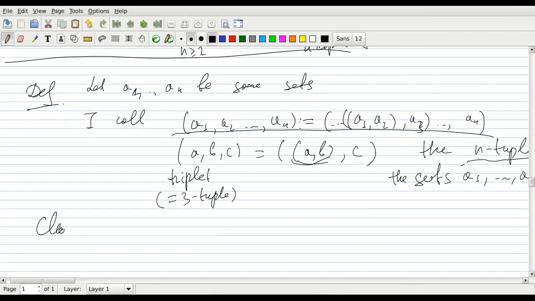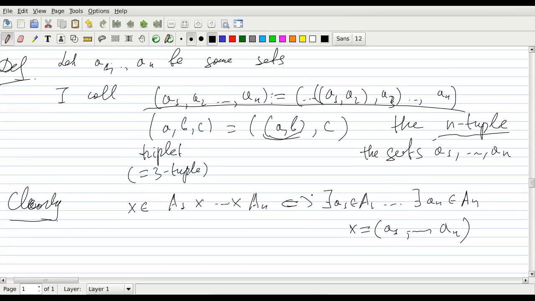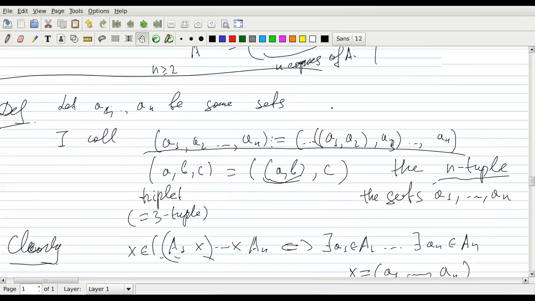Clearly, X is an element of this product if and only if it is a tuple. That is, there exist A1 from capital A1 and so on, such that X is a tuple of these elements. Why is it so? Because here we have left associativity for brackets, and here we have the same.